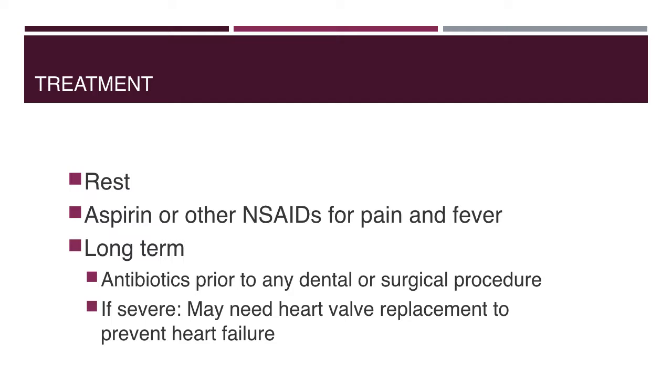Again, this is not a viral infection, which is why they can take aspirin. Otherwise, we would not give aspirin for a viral infection to a child because of the risk of the other disorders. And long term, they're going to need antibiotics prior to any dental or surgical procedure. And if it's severe, they may need a heart valve replacement to prevent heart failure.